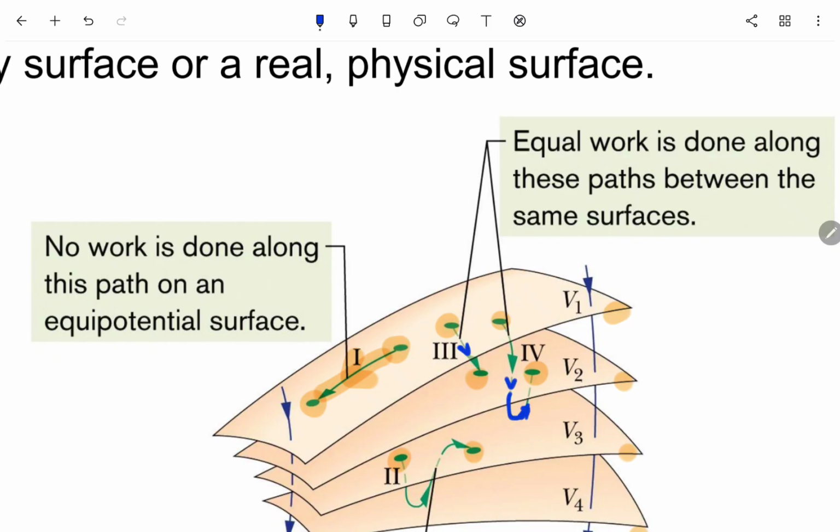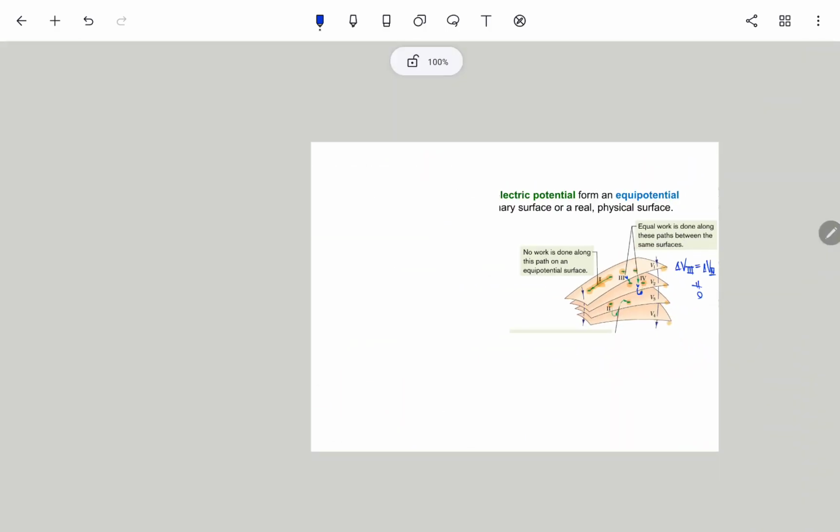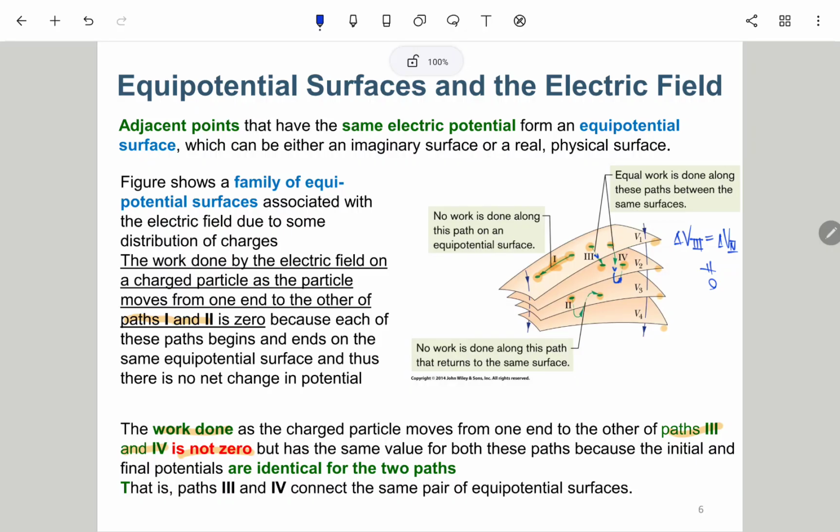But finally it also ends at V2. So delta V for path 3 and for path 4 is not 0, but they are the same, even though path 4 goes off a bit and then comes back. It says it's not zero but identical for the two paths, since path 3 and path 4 connect the same pair of equipotential surfaces.